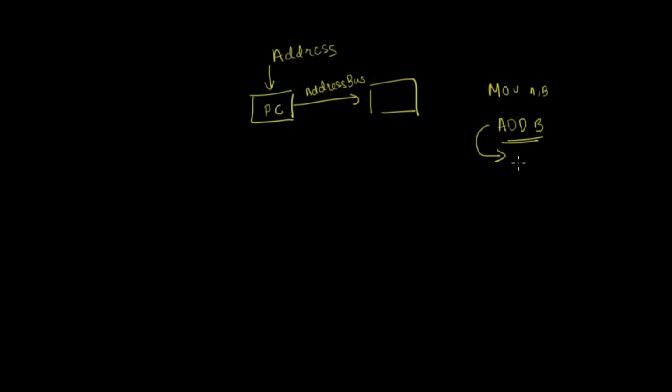It will have a particular opcode. That opcode is retrieved through the address bus. The opcode goes to something called the instruction register, then the instruction decoder. It decodes and carries out the functionality. So this is a very brief description of what is going to happen in this entire picture.